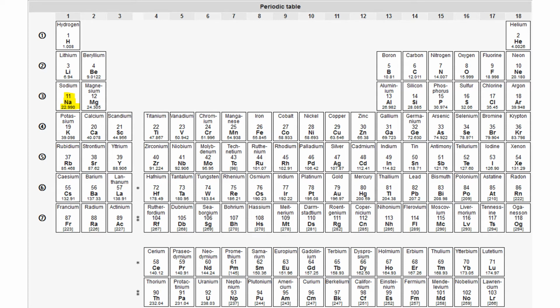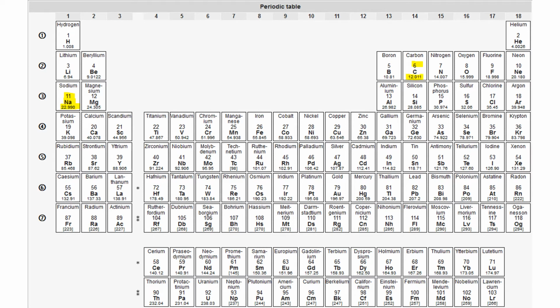Let's take a look at another example. Carbon has an atomic number of 6. What does that mean? It means that it has 6 protons, and right away you know that it must have 6 electrons, since the protons are equal to electrons. Now, what's the atomic mass?